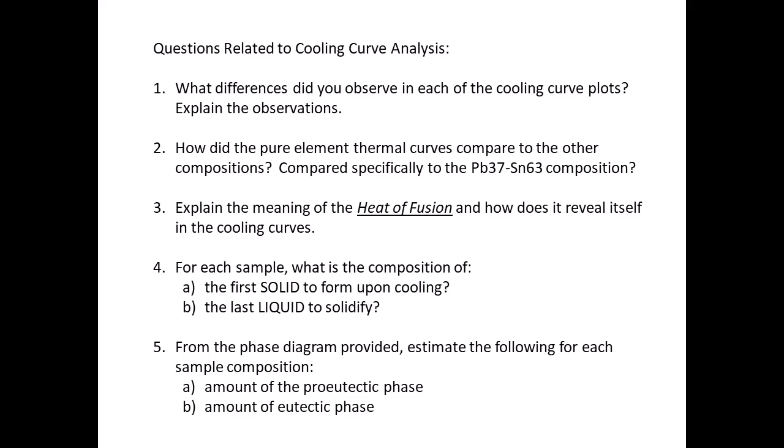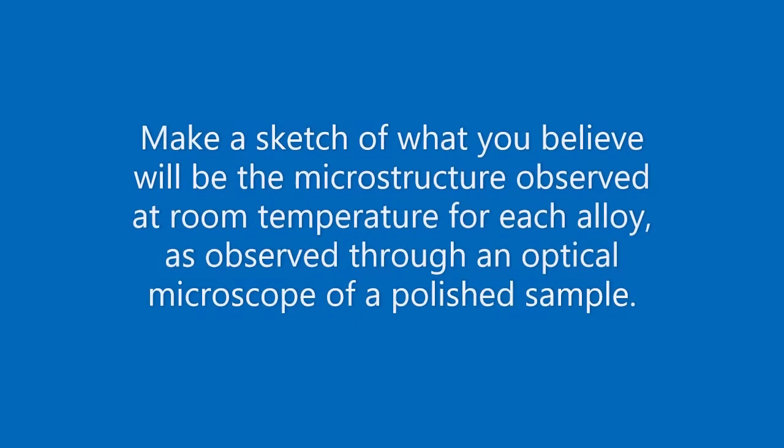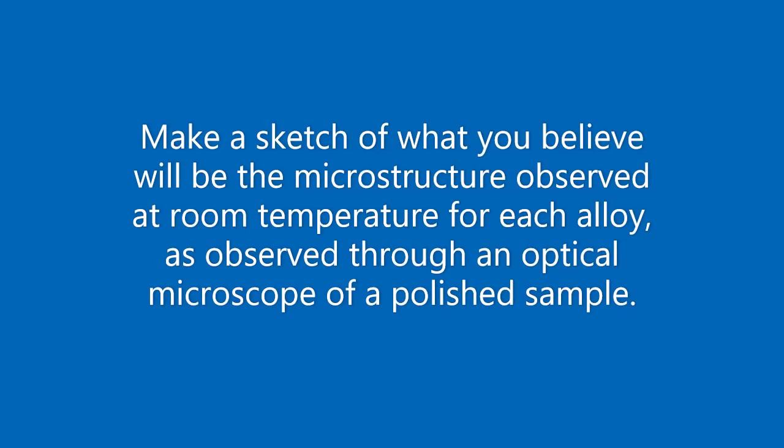Lastly, for each composition tested, provide a small sketch of what you think the microstructure of the material would look like as observed through an optical microscope of each composition for a polished and etched sample.